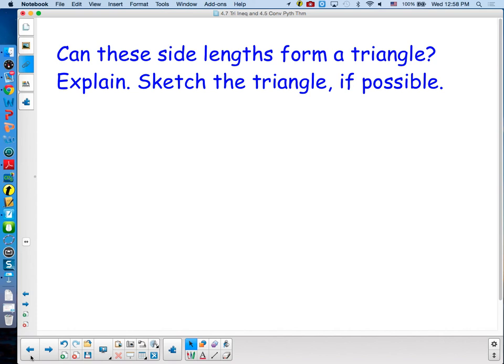Because if I put 200 and 5, this couldn't be 10. Why? Because 10 and 5 don't add up to be more than 200. So I could put something here as long as it was bigger than 1 in this problem. Bigger than 1 but smaller than 11 would have been a yes.